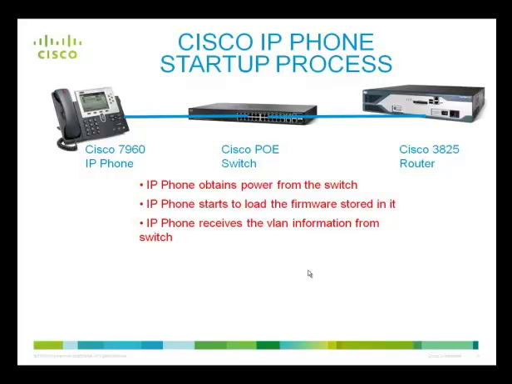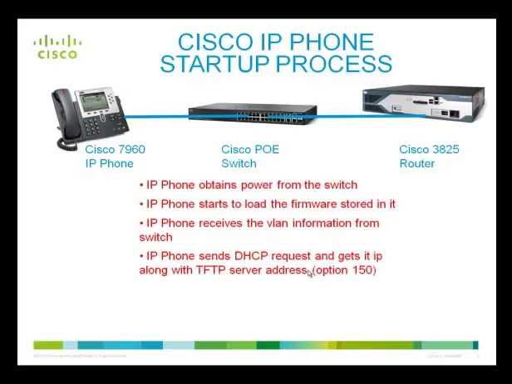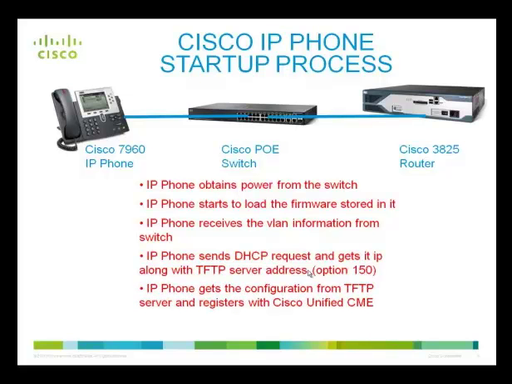So in the switch we have already set up the VLAN, so VLAN information is available from the switch, and then the IP phone looks for the DHCP server and finds the IP address along with the TFTP server address with option 150. Once it knows the TFTP server, it contacts the TFTP server and downloads the configuration file which will help it to register with Cisco Unified CME.